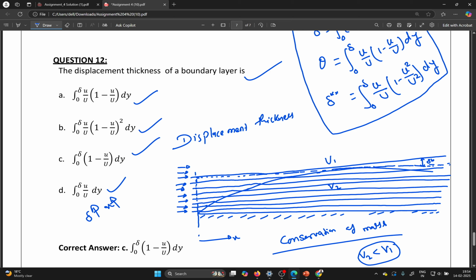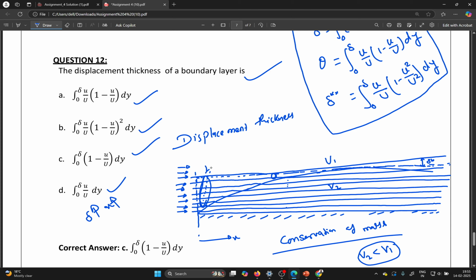Just imagine, here is the high velocity zone, and all the velocity will be the same, but here it is less. Here the velocity is reduced, but above this the velocity is the same. So the high velocity zone is much larger here compared to there.